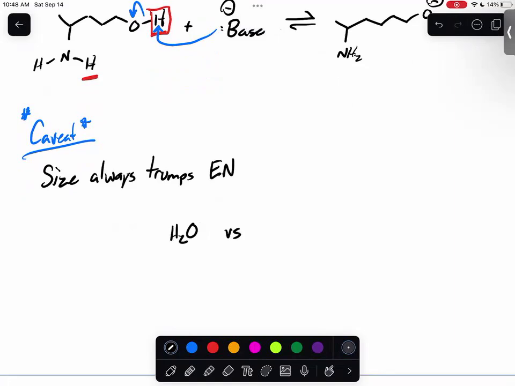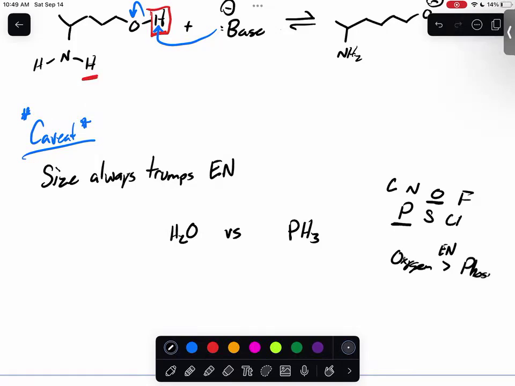versus PH3, if we once again take a look at our periodic table, phosphorus is in the row below oxygen. But if you were to look at the electronegativity table, oxygen is more electronegative than phosphorus. Thing is, though, it doesn't matter. That size still makes a huge difference for us.